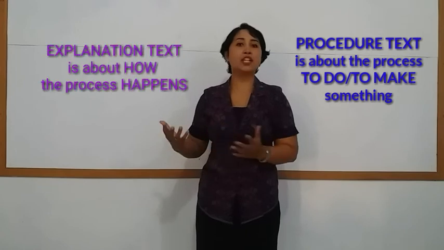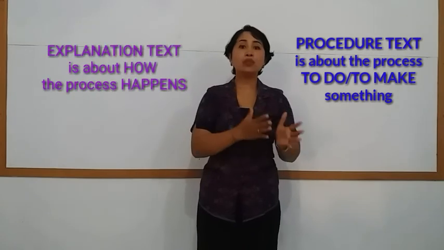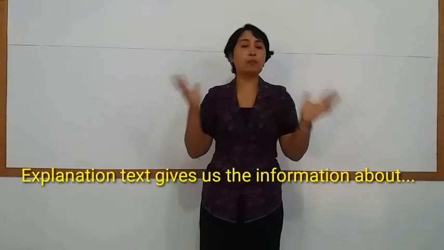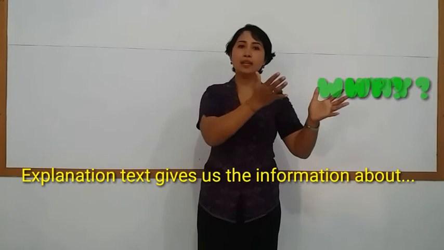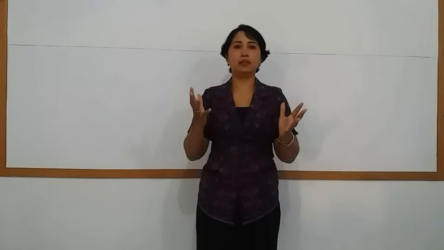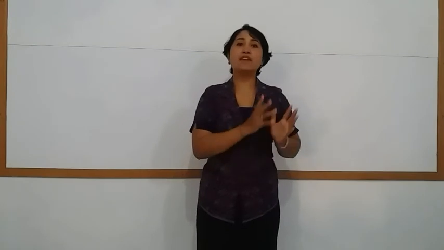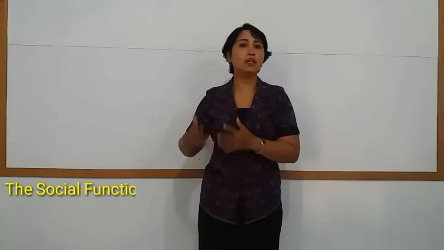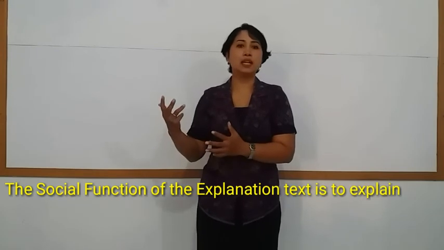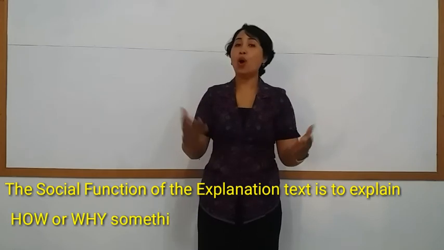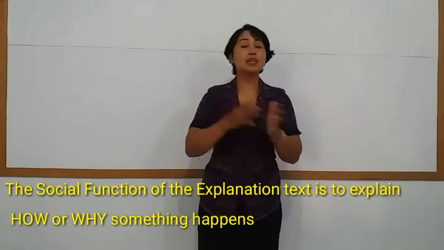Meanwhile, explanation text is about how the process happens. So we can say that the explanation text gives us the information about why and how of the forming of the phenomena. As a fact, before we continue, the social function of the explanation text is to explain how or why something happens.